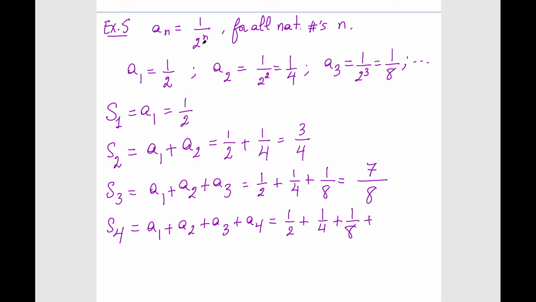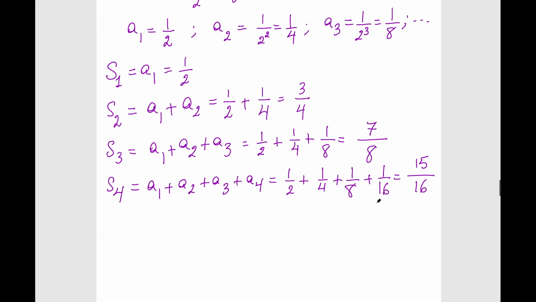A4 is 1/2 to the power 4, and 2 to the power 4 is 16, so plus 1/16. Writing the same denominator, which is 16, that's 8 plus 4, that's 12, plus 2 is 14, plus 1 is 15. So 15/16. So what's the sequence of partial sums then? It looks like 1/2, 3/4, 7/8, 15/16. These are the first 4 terms in the sequence of partial sums.